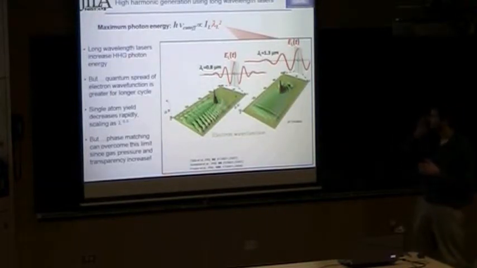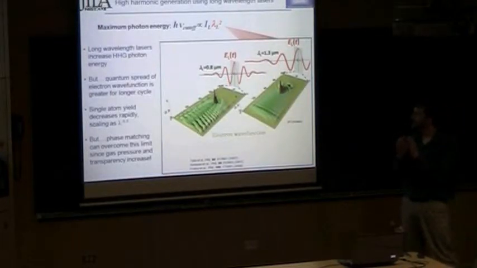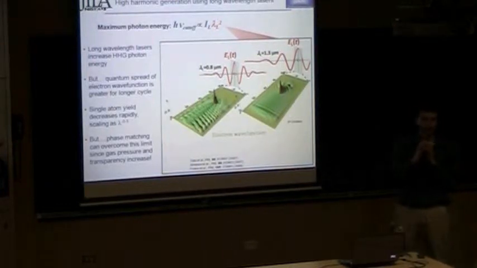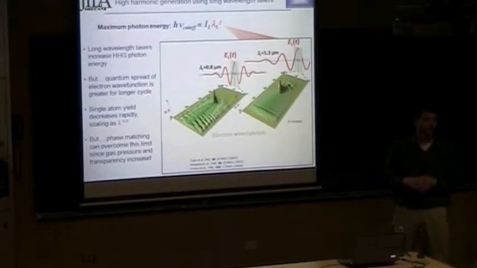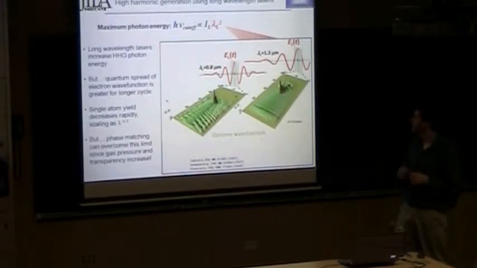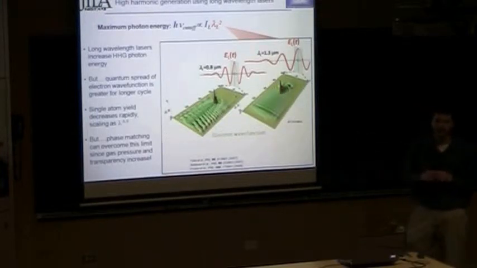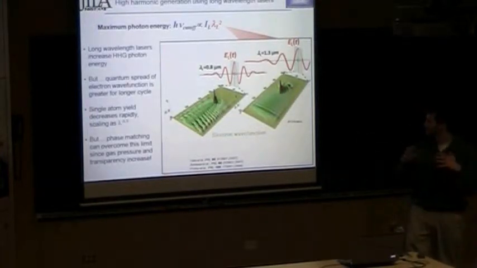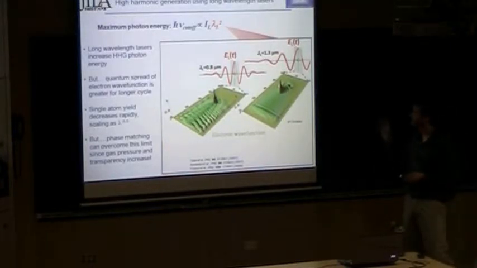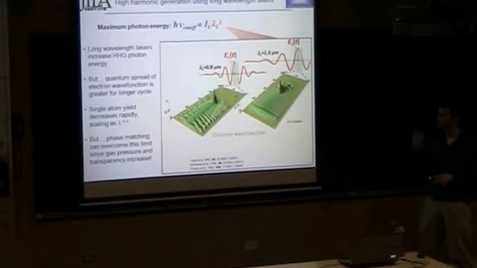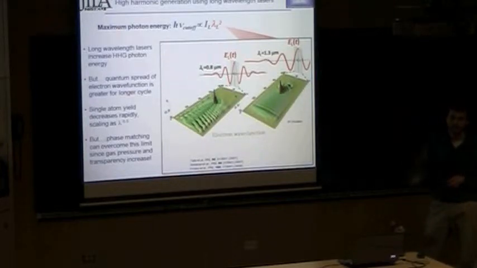But because it's a quantum mechanical object, it starts inside this atom, and it's fairly well confined. As soon as you remove it from the atom, the wave function is going to start to spread. The more time it spends away from the parent ion before returning, the more it's going to spread. And then the overlap between the electron wave function and the atom when it returns is going to go down very quickly.